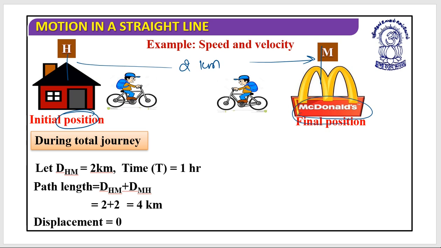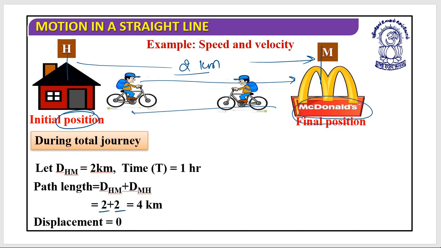You are leaving from home and reaching McDonald's, and then you leave McDonald's and reach home. So it's a two-way journey, first in this direction, next in this direction. Now if I ask what the path length would be, what would your answer be? Yes, absolutely right. It is 2 kilometers one way and 2 kilometers the other way.